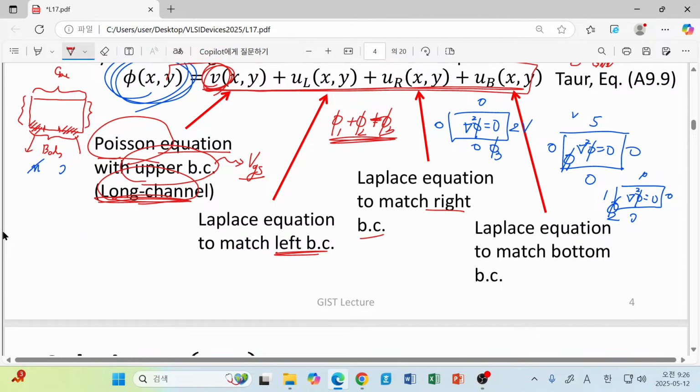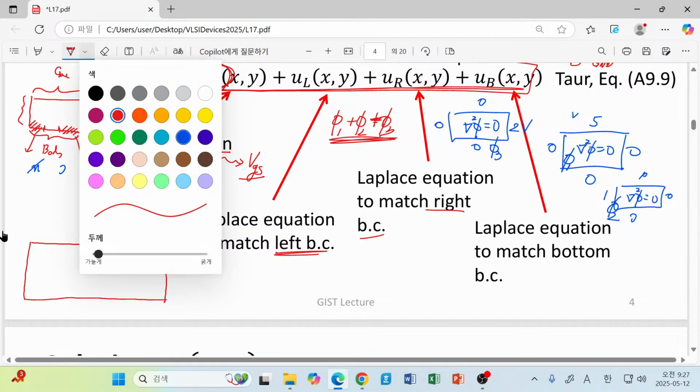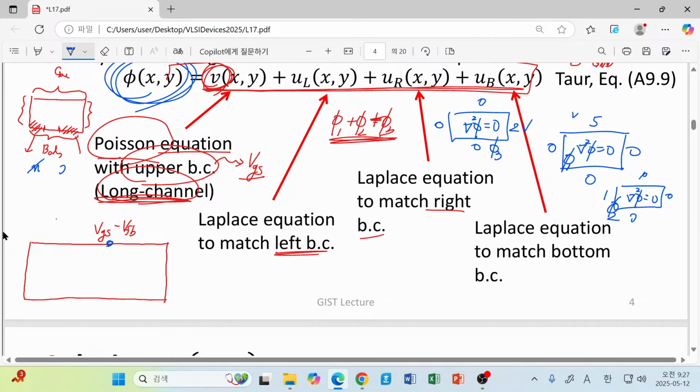If we adopt this kind of approximation, let me just do it together with you. Say we have a certain gate potential. Due to the boundary condition, now we have VGS minus flat band. That is the value required for this point. And let's say that here we have the value phi equal to 0 due to the definition of our potential.